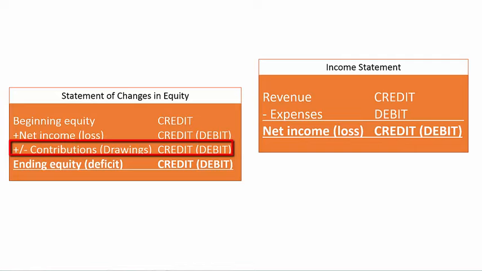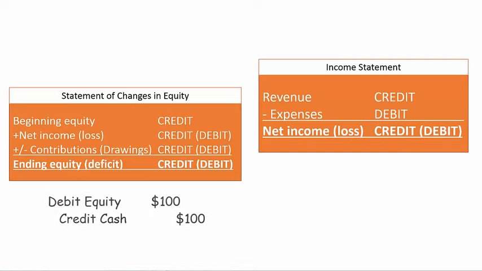So for instance, say you put in $50 of cash into the business to get started. Your journal entry would be to debit cash by $50 and credit equity by $50. If later in the year the business writes you a check to allow you to withdraw $100 from the business, this time you would credit cash for $100 and debit equity for $100.